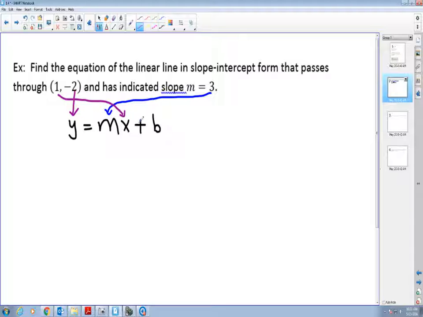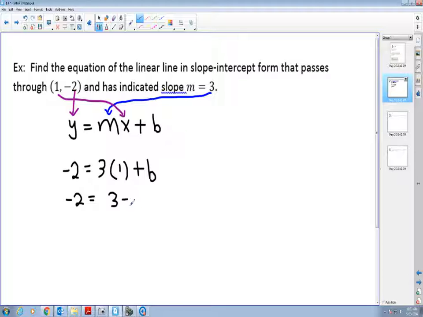The only thing missing is the b. So we will get -2 equals 3 times 1 plus b. Alright, let's solve for b. 3 times 1 is 3, so this is -2 equal to 3 plus b.